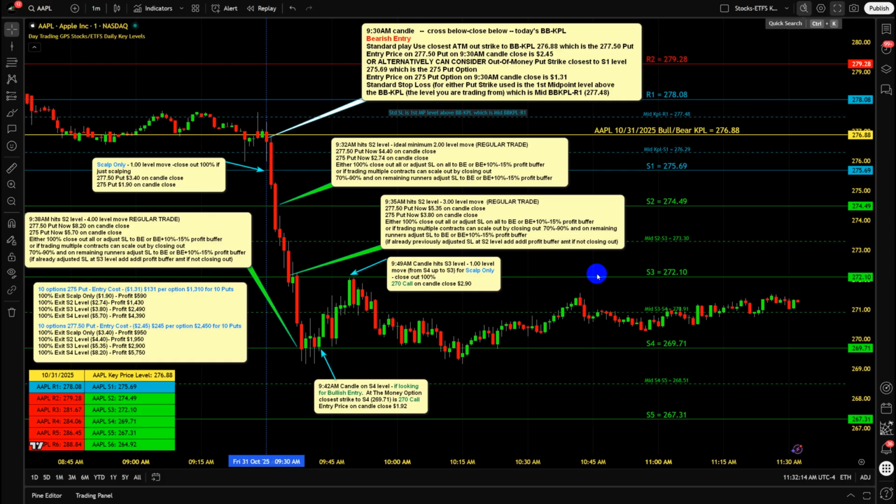Now, some of you may already be familiar with how our daily key levels indicator works. You may have seen our other daily key levels indicator that we have shown quite frequently on this channel, the SPX one, but you may not be familiar with how this stocks ETFs indicator works, or you may be new to this channel and have never seen any of our daily key levels videos.